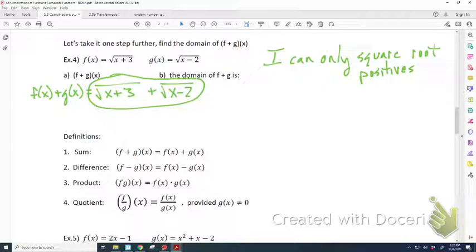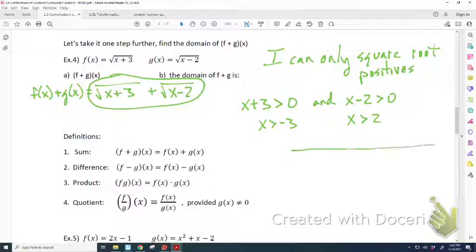So I take what's under the radical and I force it to be positive. I take what's under the radical on the other one and I force it to be positive. So I get x is greater than -3, x is greater than 2, which still is confusing, but if you look at a number line, you want to say the domain is where they overlap, where the shading overlaps.